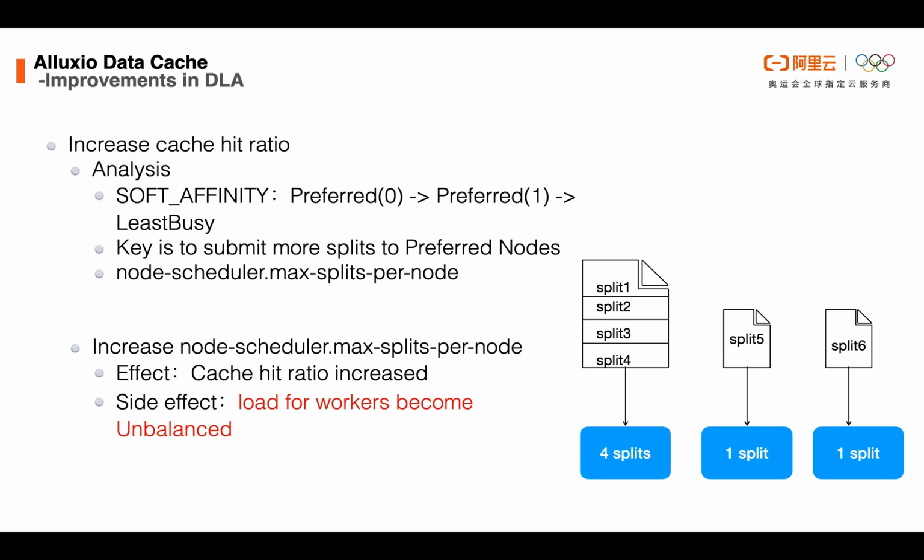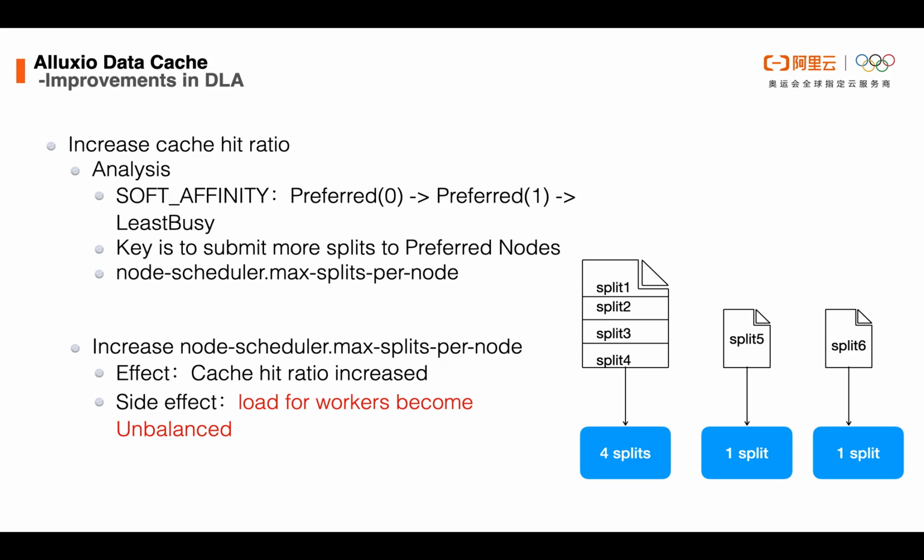The figures on the right side show why. In Presto, the preferred nodes were calculated based on the file path, so the splits reading the same file would be submitted to the same worker node.